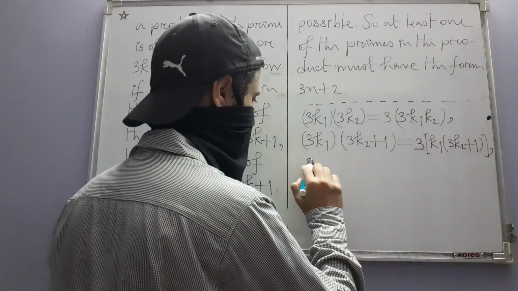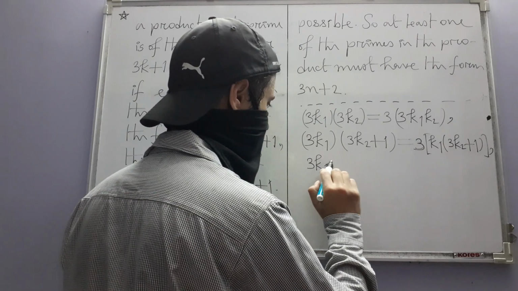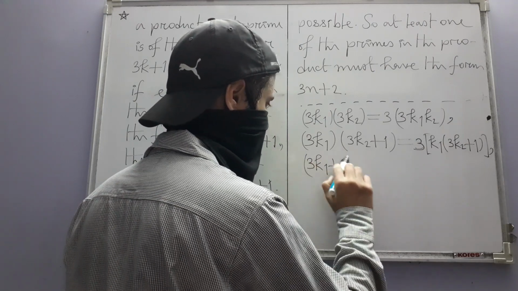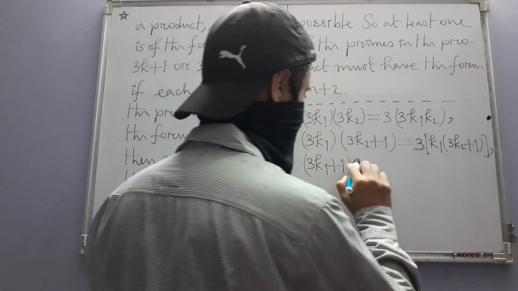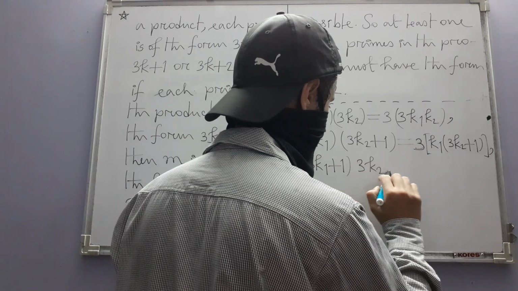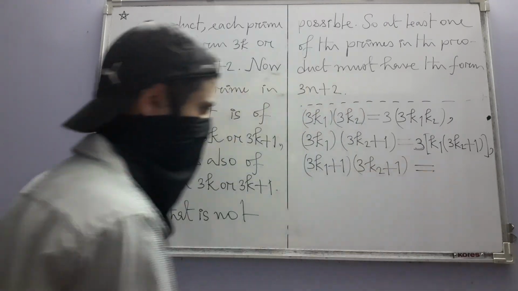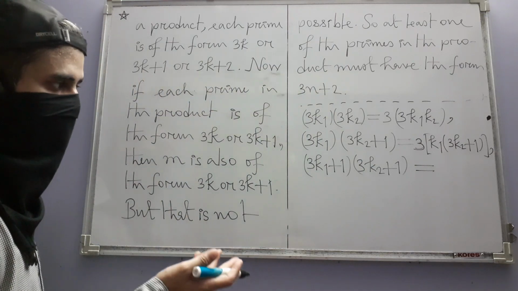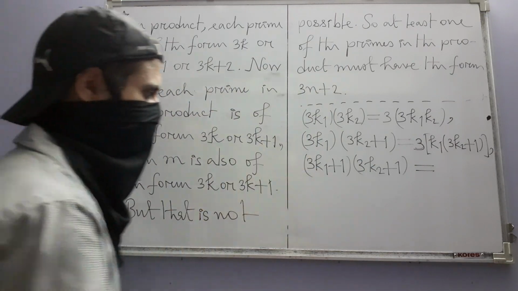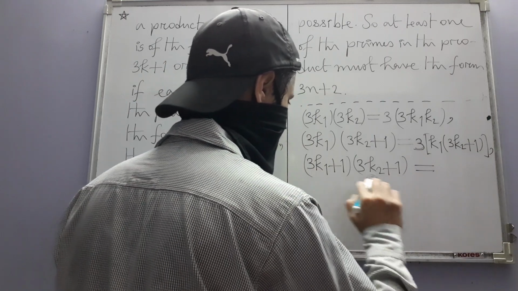But what if we consider the product of two numbers of this form, 3 times something plus 1? Then it will be again a number of this form itself.